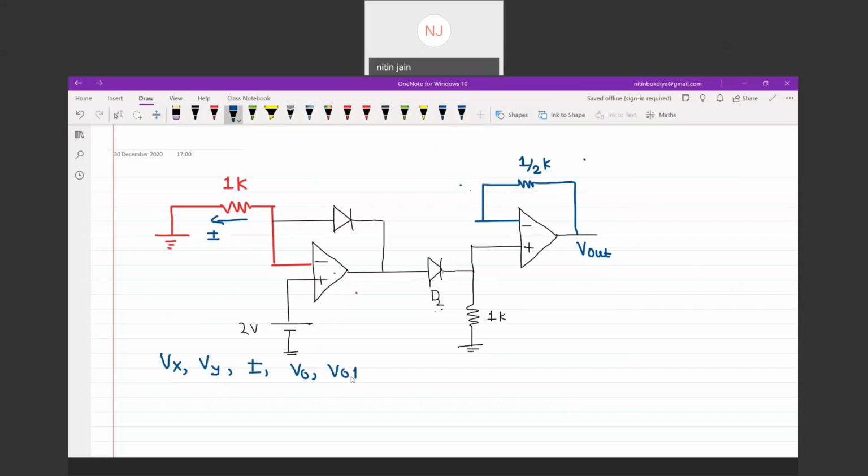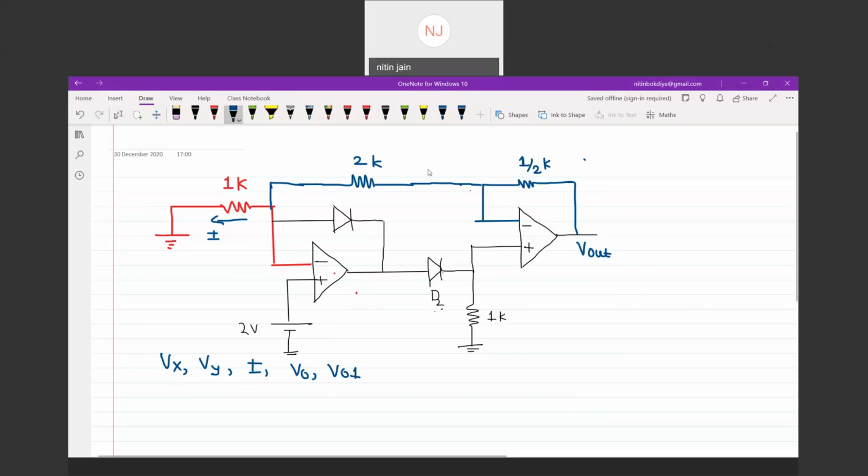So let's take this. And there is one more resistance which is connected like this. This resistance is having value 2 kilo. And Vx is labeled here.